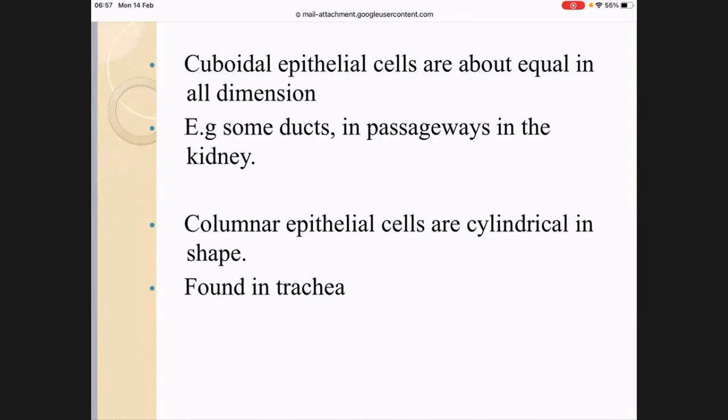So, the way of making histology slides, I will give a very brief account in the practical. If you want to study these tissues, you have to cut a section using the microtome, which is an instrument used to cut tissues.